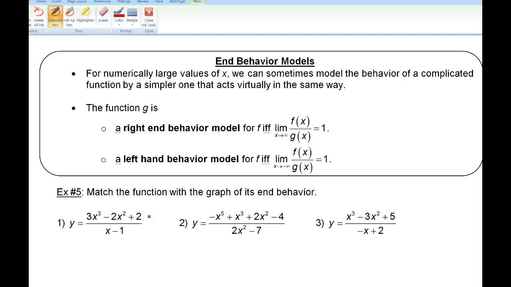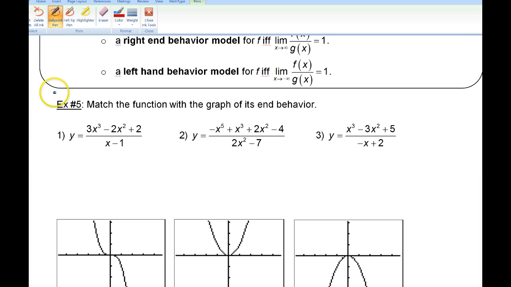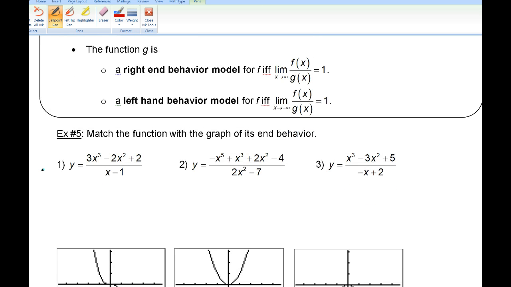This kind of explanation, I put it in here, but I find that students find that more confusing. The simple explanation would be to simplify the largest terms in the numerator and denominator.